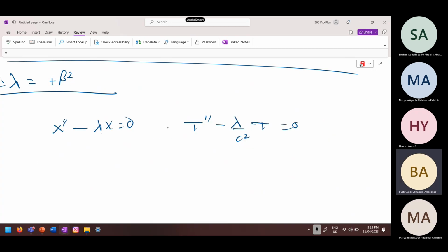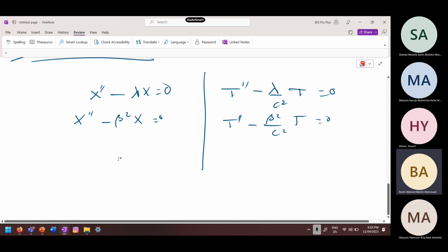Since we have these, going to use lambda is equal to positive beta square. This will give you x double prime minus beta square x is equal to 0, t double prime minus beta square over c square t is equal to 0.